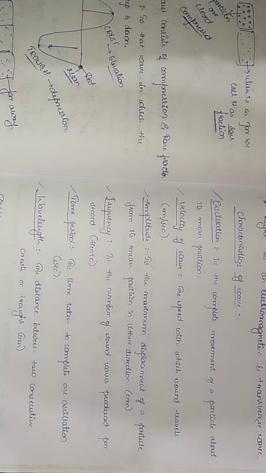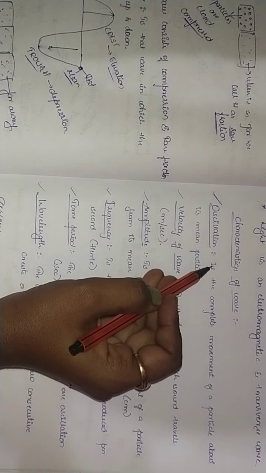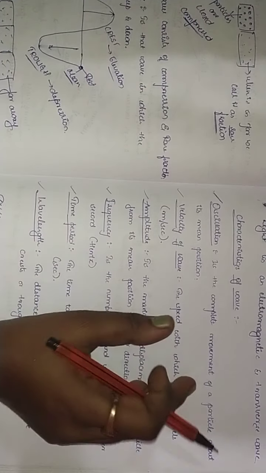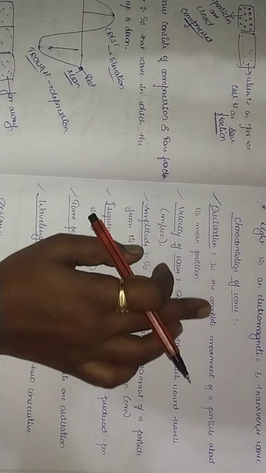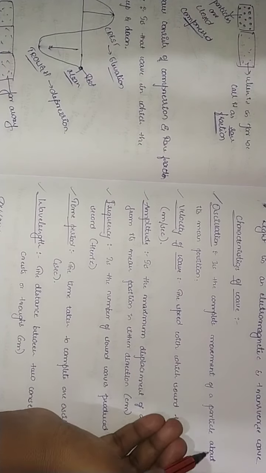Oscillation means the complete movement of a particle about its mean position. Let's take some particle and its complete movement about its mean position.